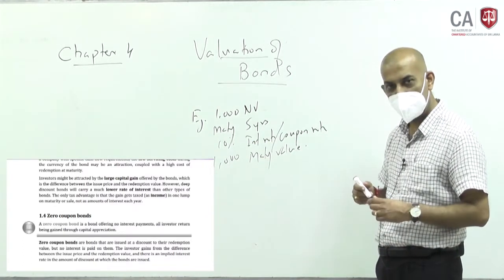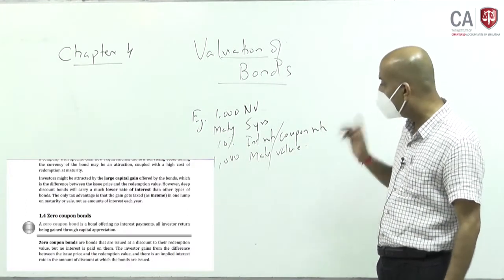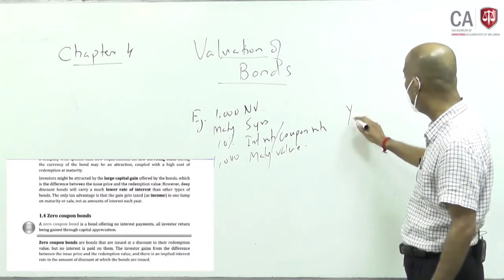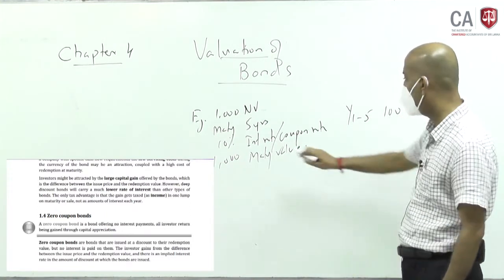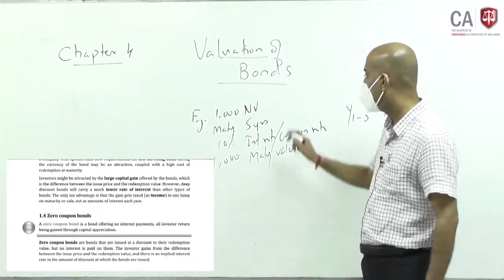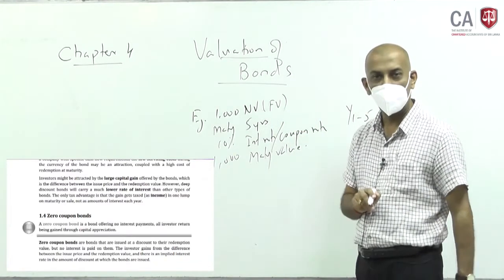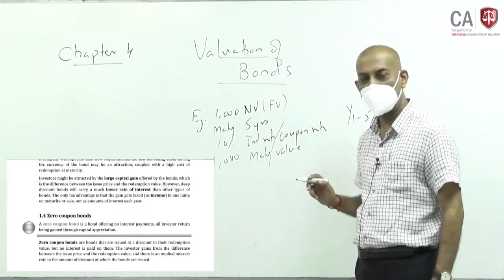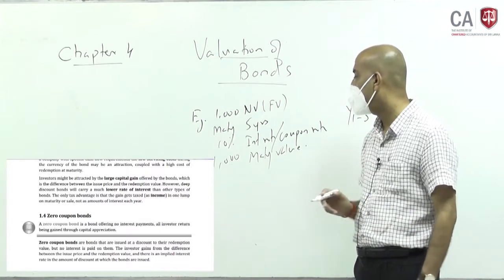So as an investor, when I invest 1000 rupees in this bond or debenture, I get annually, year 1 to year 5, 100 rupees, by 10% into nominal value. You can call it nominal value or face value. So the nominal value or face value is 1000, on which the company or government has to pay 10% interest.